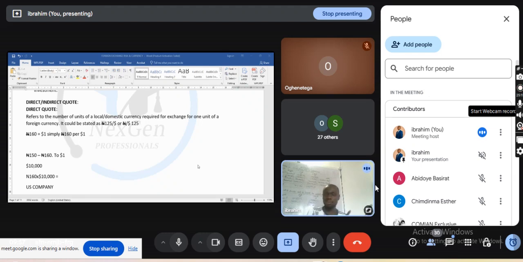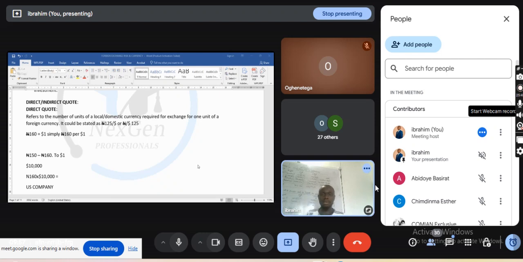So it means that the Nigerian company may want to buy goods from the US at $10,000. If you are buying at $10,000, what is the conversion in naira? Don't forget, the spot rate is 160 naira to the dollar.